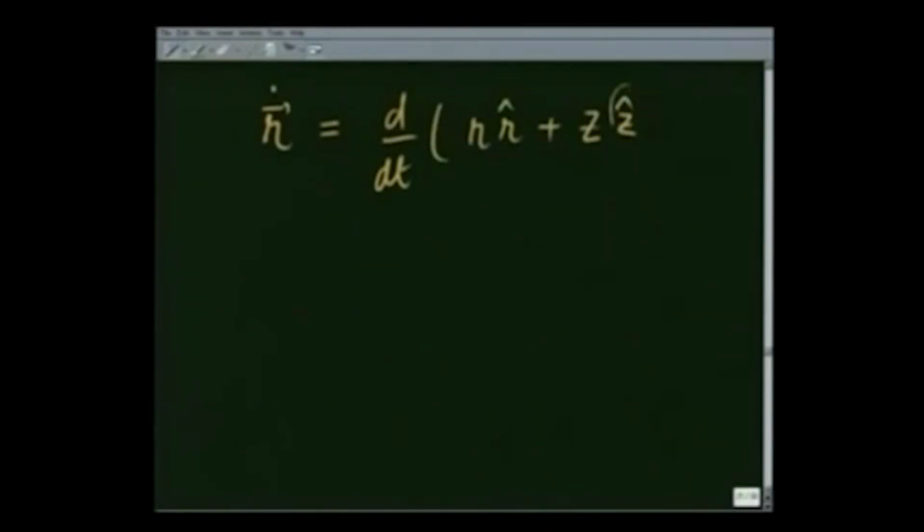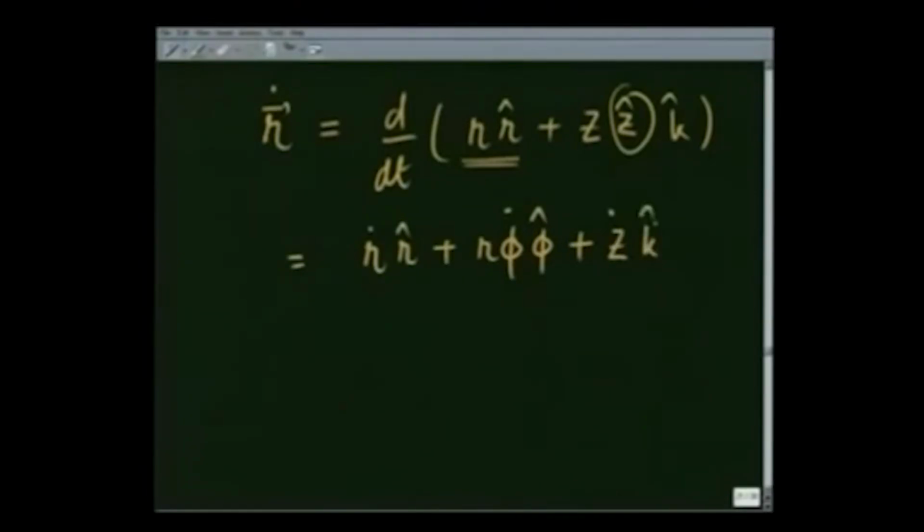You are more used to calling this k, so I am using them interchangeably. This is going to be equal to r dot r plus, I have already derived this, so I am going to write the result right away without any derivation, r phi dot phi plus z dot k or z dot z. There is no derivative of this because z unit vector is fixed.